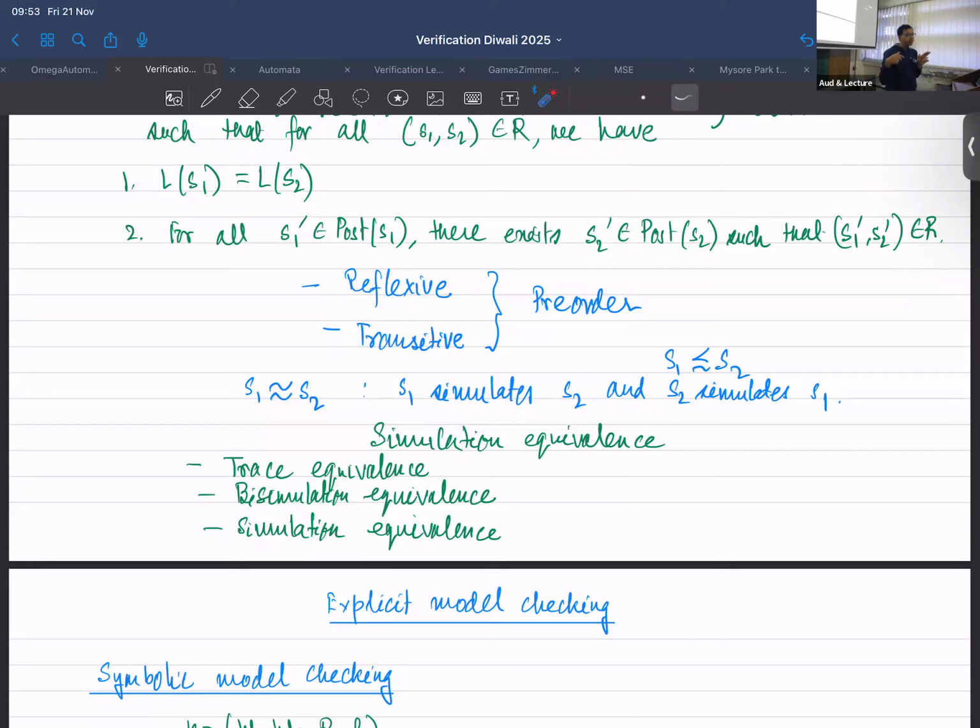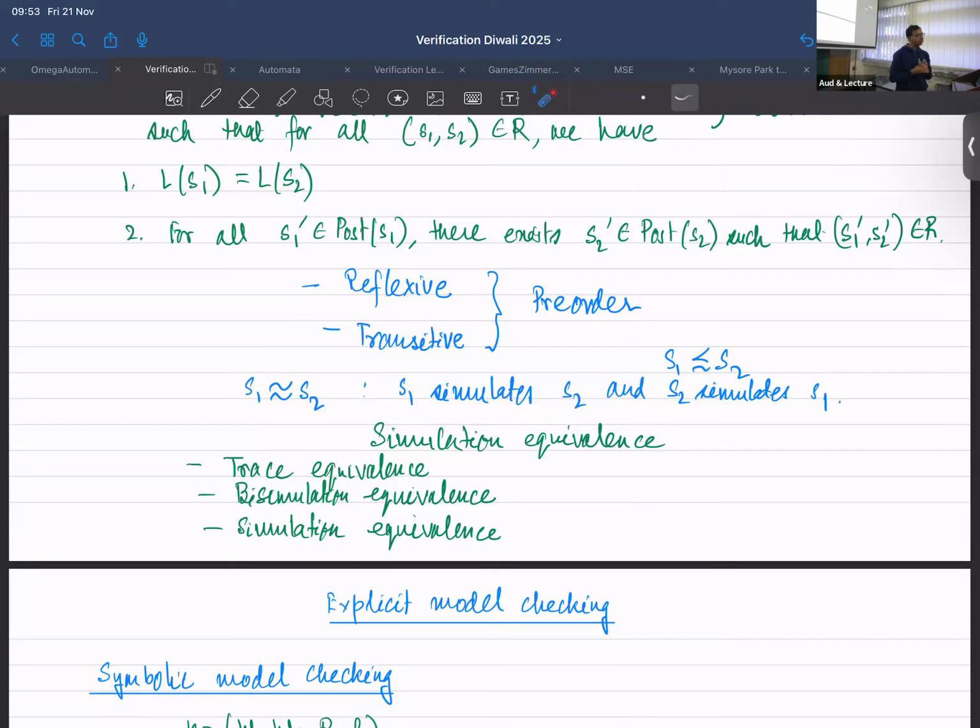So if the defender can win against a more powerful challenger, then the defender can also win against a less powerful challenger. Clear?